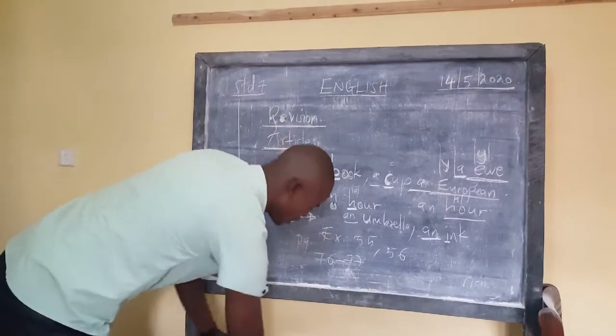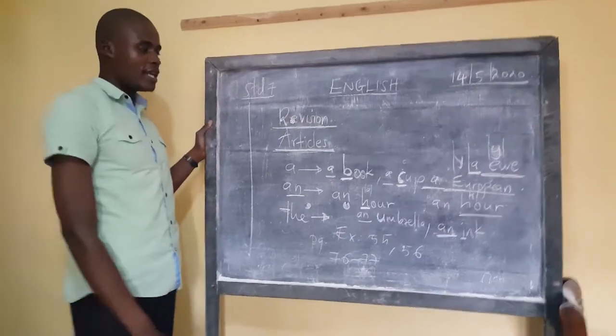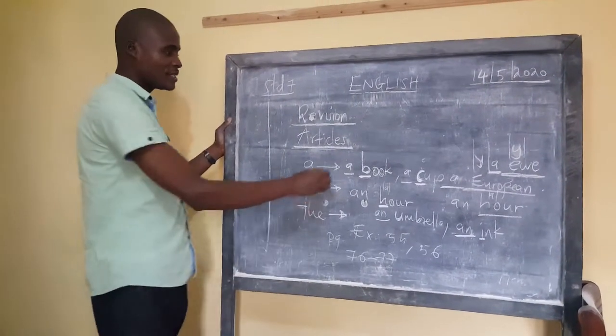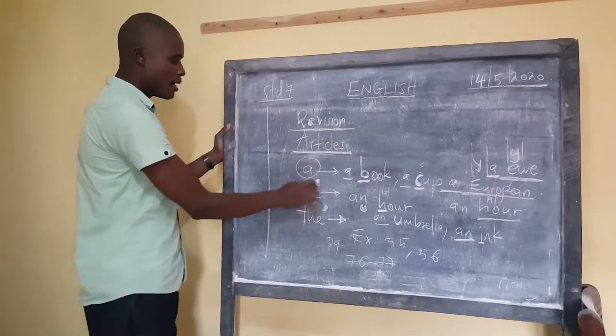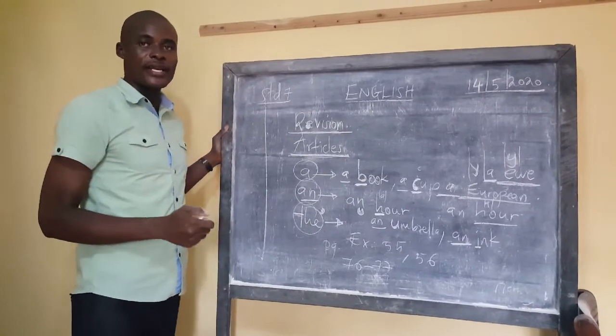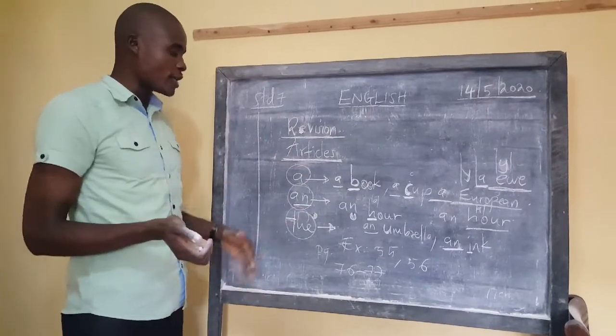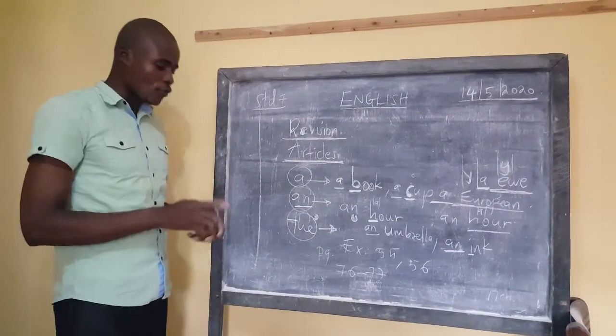Let me not give you the number of questions you should do, but try as many as you can to realize how articles are used in the various sentences given in those two exercises. So much for that.